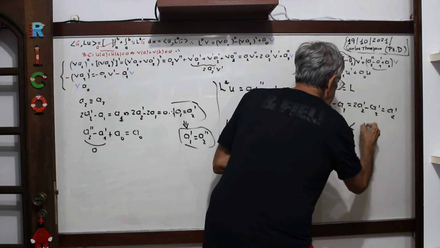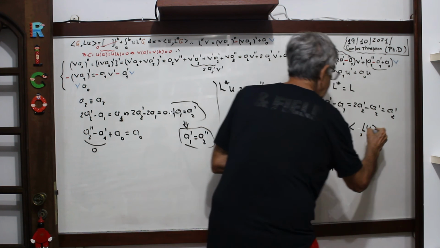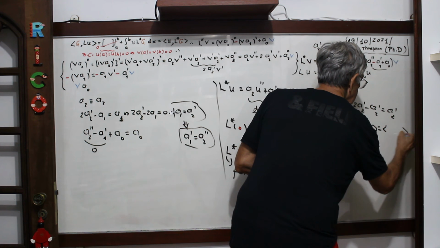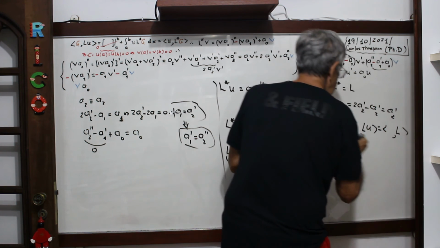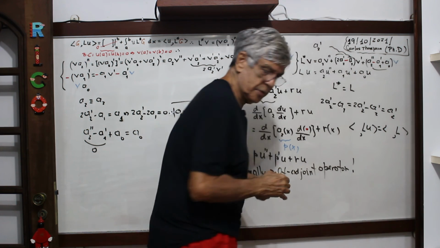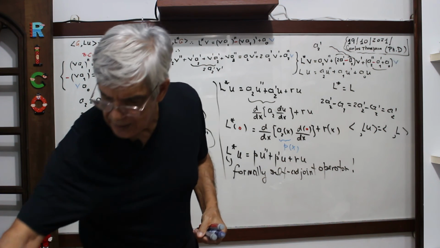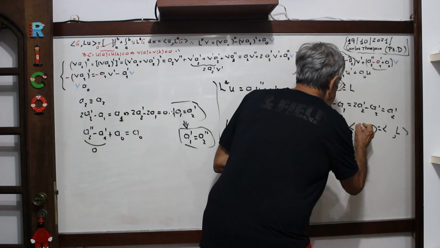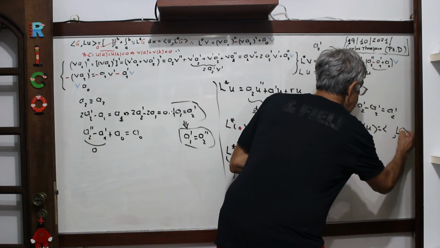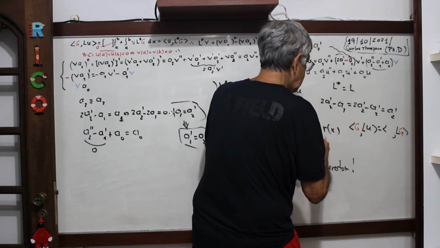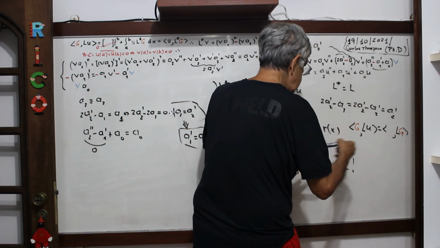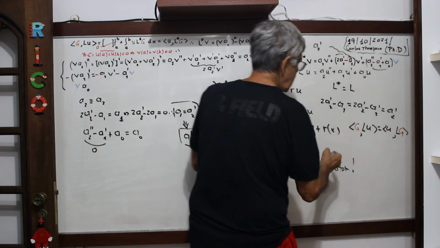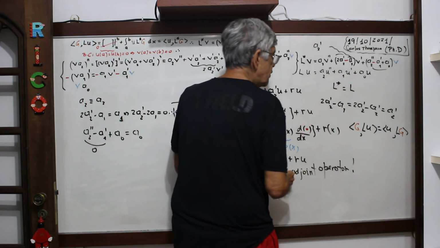This is LU. Now let's put the same color here. If I substitute G, this is G, and this is LG, and this will be U. This is self-adjoint.